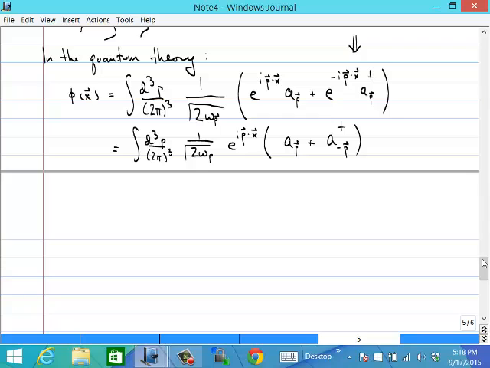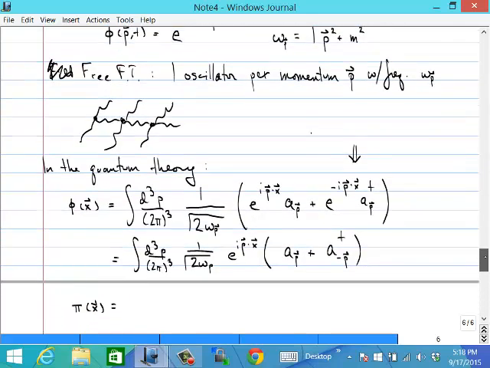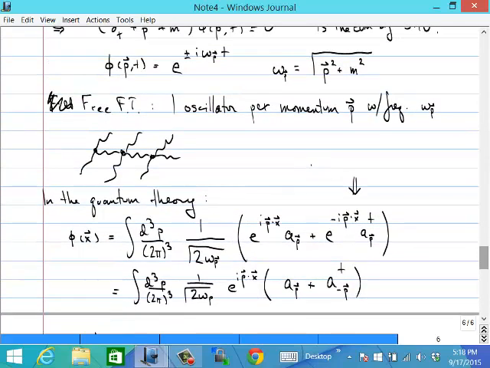Okay, now I also am going to need to think about my momentum pi. In order to understand what sort of formula I should write down for my momentum pi, actually let's just stare at this formula up here for phi.